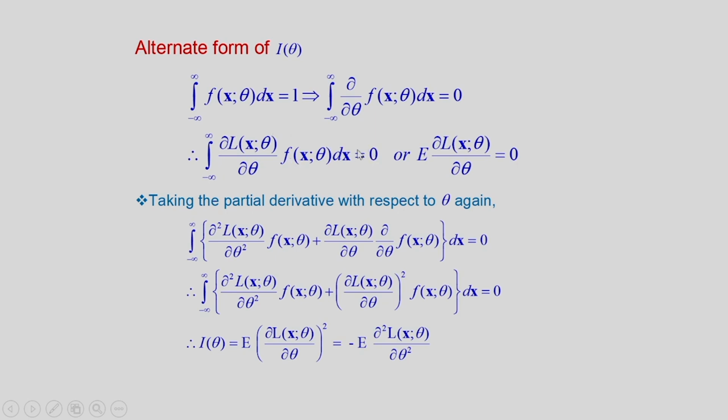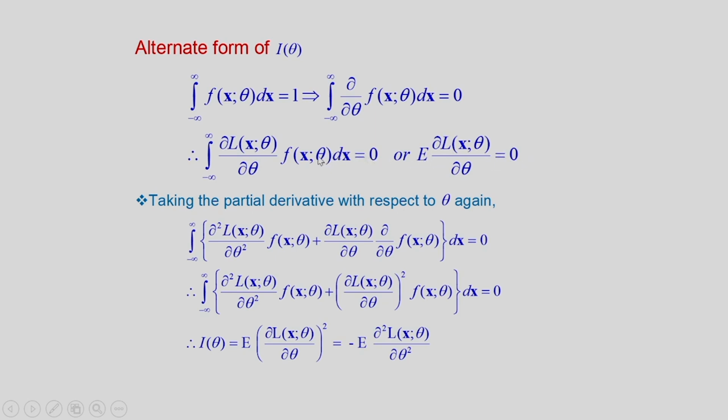This is the expression we get just by writing it in terms of the log likelihood function, as we did earlier. So, what does this expression imply? That the expected value of the partial derivative of the log likelihood function is always equal to 0. This is also one important result.